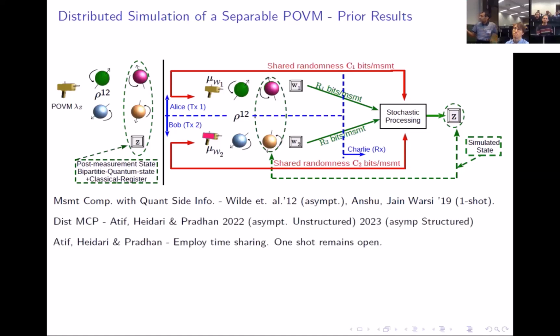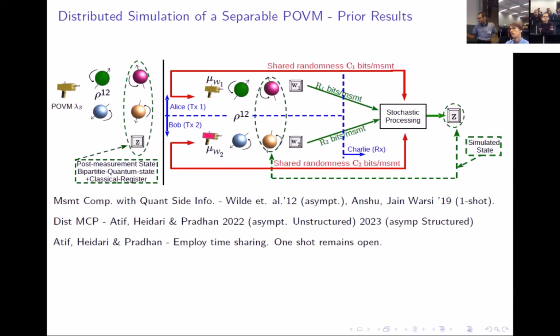In 2022, Atif, Haidar and Pradhan solved the asymptotic case in the distributed setting. But again, that uses time sharing and cannot be used in the one-shot setting. So I wanted to come up with one thing that works for everything, whether it is distributed, one-shot, or with side information, all of those scenarios in just one POVM with a simple proof.